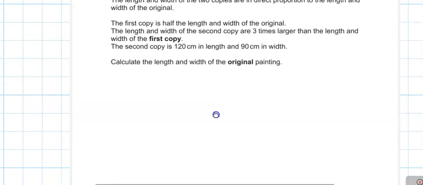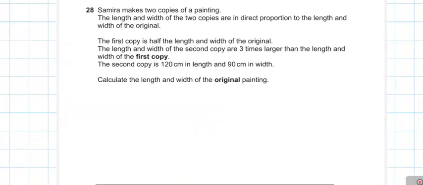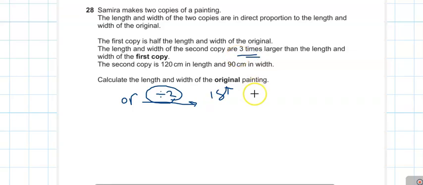This question is one of the tricky questions. Let's understand it. We have here the original copy, and the first copy is half the original copy, so we need to divide it by 2. The second copy is 3 times larger than the first copy.